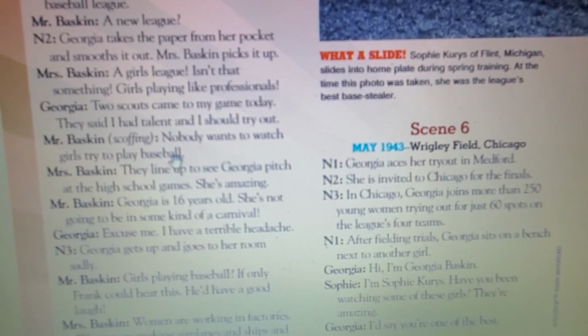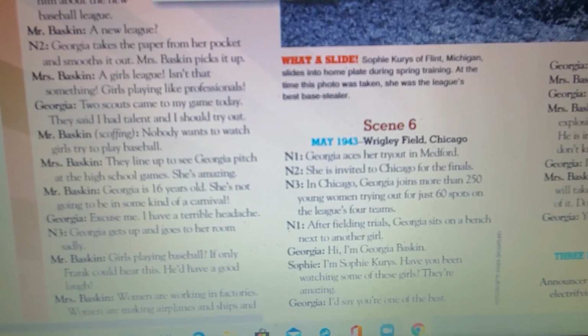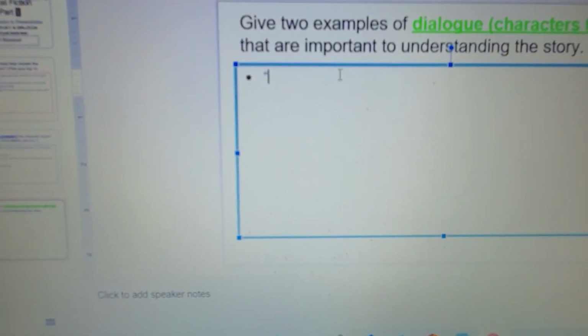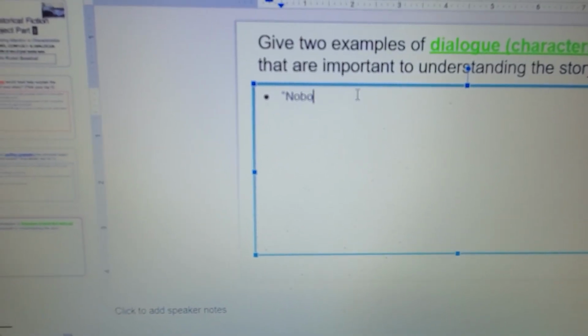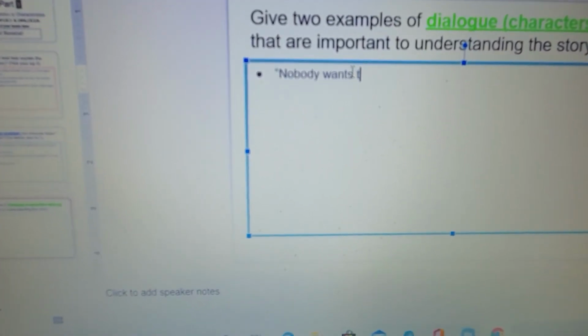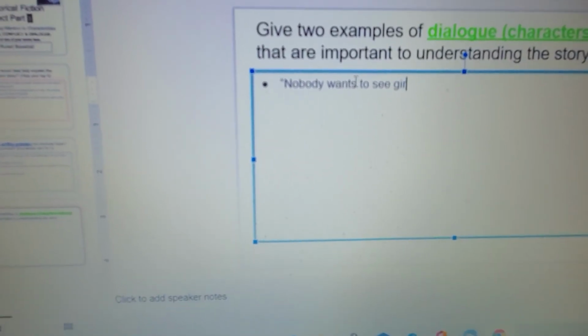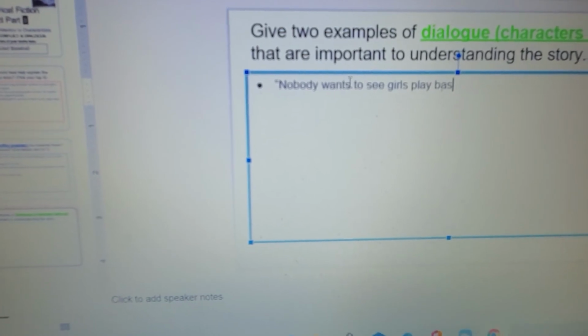Nobody wants to watch girls try to play baseball. I thought that quote was important because it shows the attitude of the time. So I would put, nobody wants to see girls play baseball.